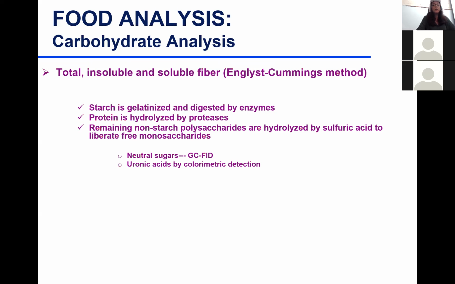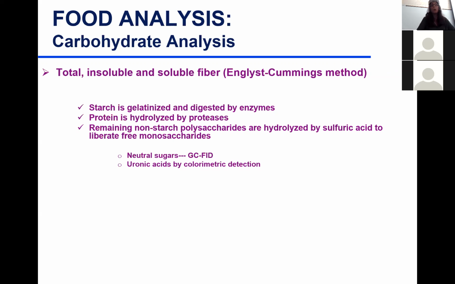Another method can determine the components of the soluble and insoluble dietary fiber, because, like I said, you have pectin, hydrocolloids, lignin, cellulose, and hemicellulose. If you want to determine how much you have of each, you need to analyze the monomers of the different components.